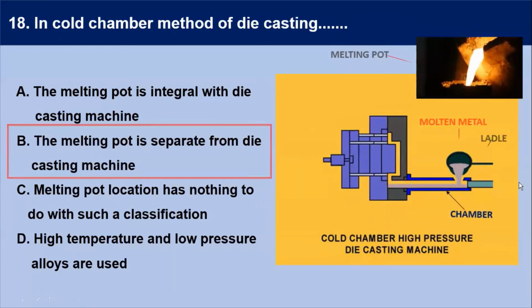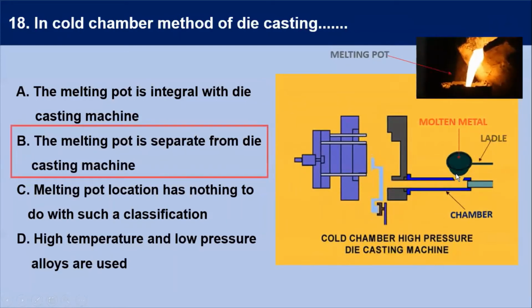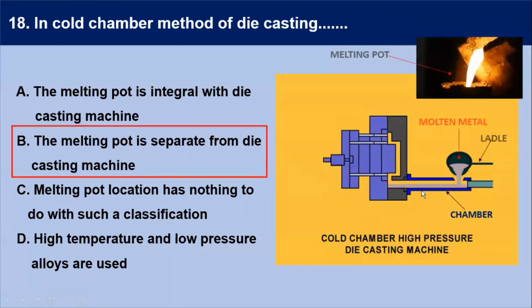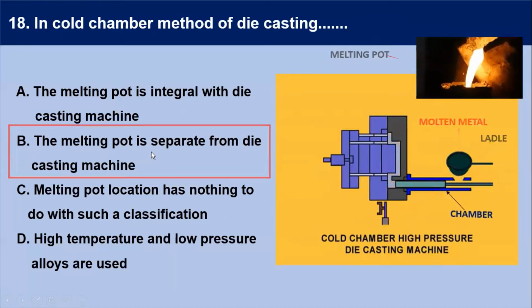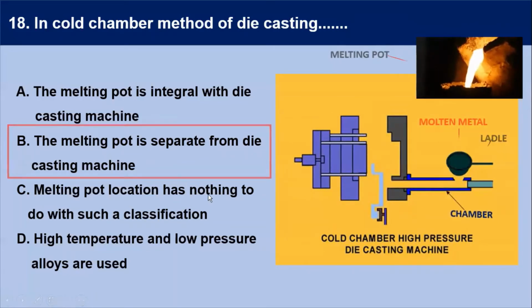You can see I showed the molten metal, we are melting it separately in another furnace, and then pouring that molten metal using the ladle into this chamber. And that's why our answer in this case is that the melting pot is separate from the die casting machine.